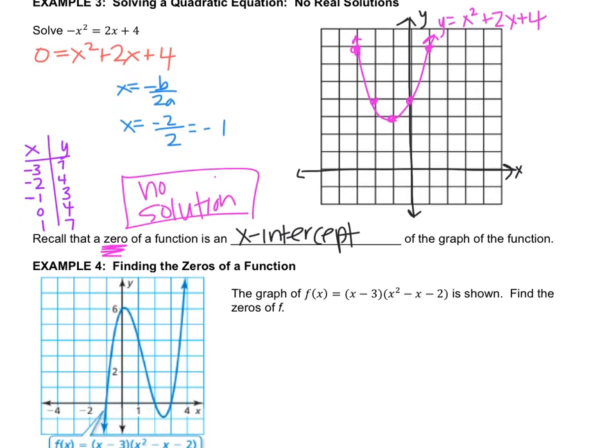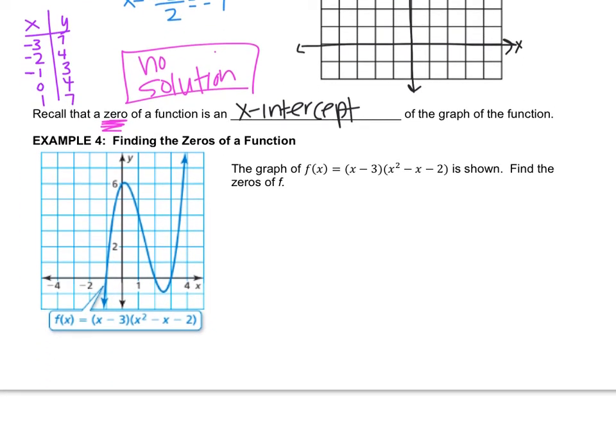So this next example, example 4, gives us a graph. They even tell us the equation, and they want us to find the zeros, right? So really all they're asking is, what are the x-intercepts? It's super quick. When you have a graph, all you do is look and say the values where it's crossing the x-axis. So the x-intercepts, or the zeros, are -1, 2, and 3.